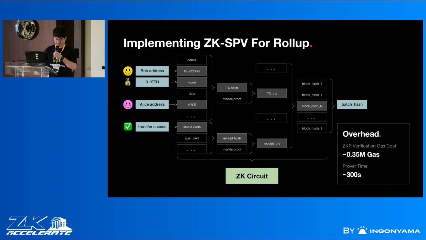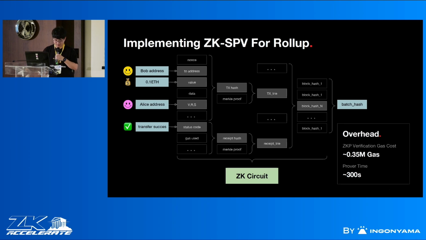As you can see, Bob's address is mapped to the To field, and the transfer amount of 1 ETH is mapped to the value field. Alice's address is mapped to the field of V, R, S, that is the signature data.